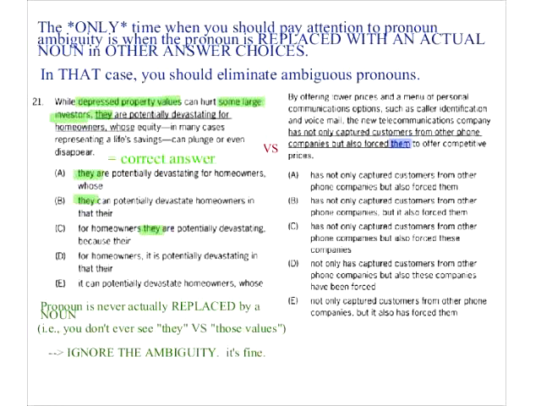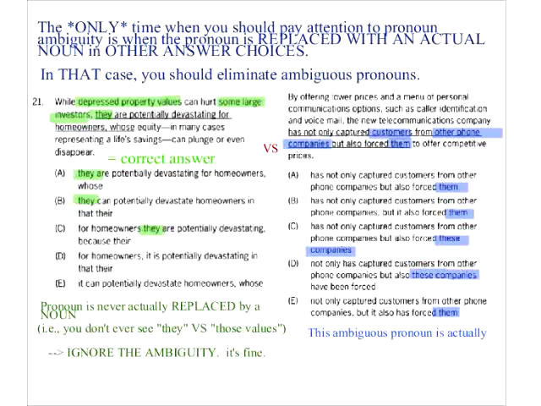So here's a them, here's a them, here's a them, here's a these companies, here's a these companies, and here's a them. In this case, you actually have a replacement for this ambiguous pronoun. And notice that it's ambiguous. The ambiguity is that we don't know if it's customers or phone companies.